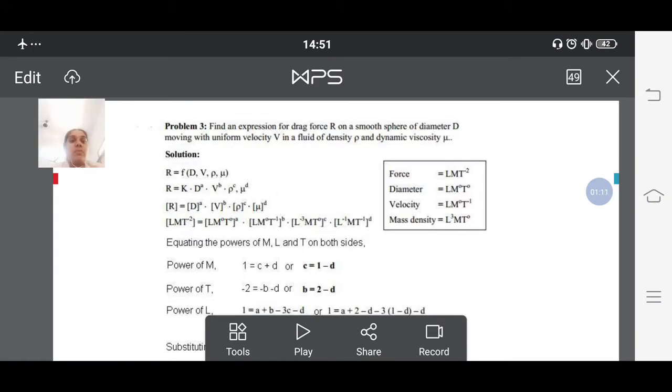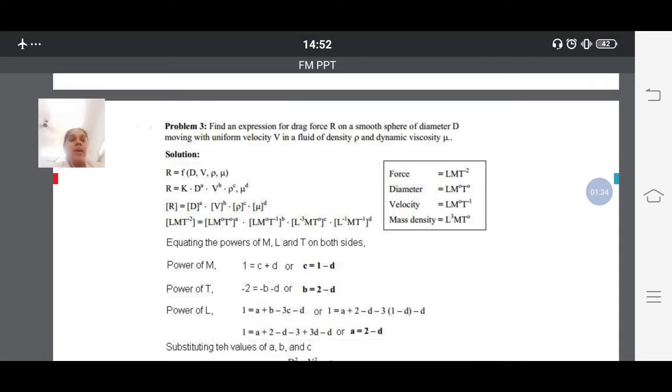Based on Rayleigh's method, we have 5 steps. The first step is to split what is the dependent term and what is the independent term. Here R is the dependent term. R means drag force, which depends upon the diameter capital D, uniform velocity capital V, fluid density rho, and dynamic viscosity mu.